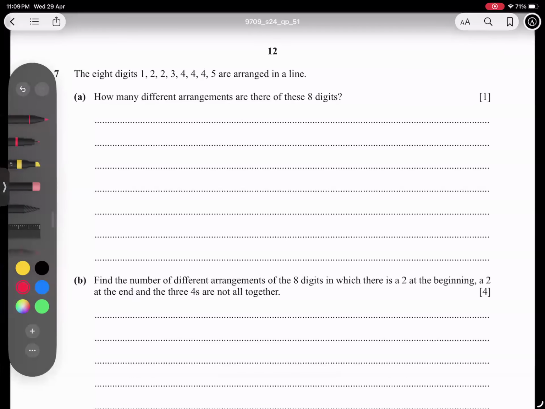Question number 7, students. The 8 digits we have are arranged in a line. How many different arrangements are there if there are 8 digits? How many repeats are there of 2 and 4? The 2s are 2 and the 4s are 3, and others are how many? 5, 3, 8. So 3 are others, and total 6 plus 2, 8.